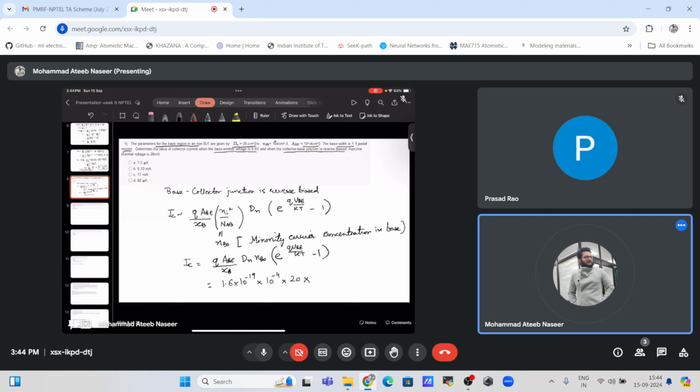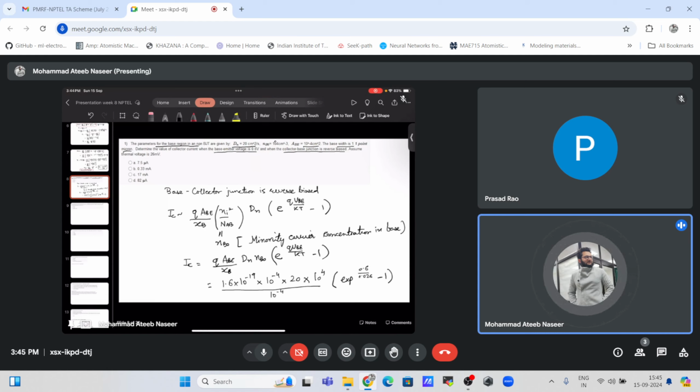So it is 20 times the NB naught, the minority carrier concentration in the base, which is 10 to the power of 4 per centimeter cube, divided by the base width, which is 10 to the power of minus 4 centimeter, because it was given as 1 micrometer, and 1 micrometer is 10 to the power of minus 4 centimeter, times exponential of VBE. VBE is 0.6 and KT by Q is 26 milli electron volts, so it will be 0.026, minus 1.